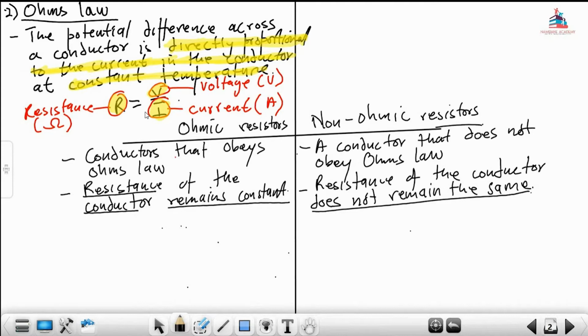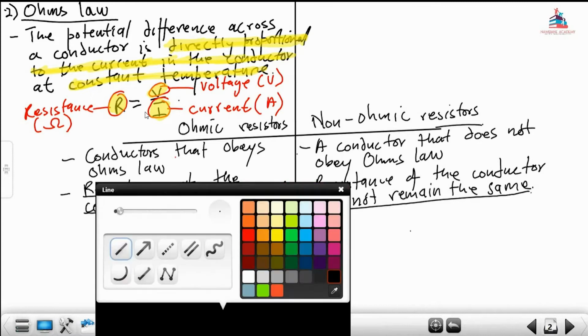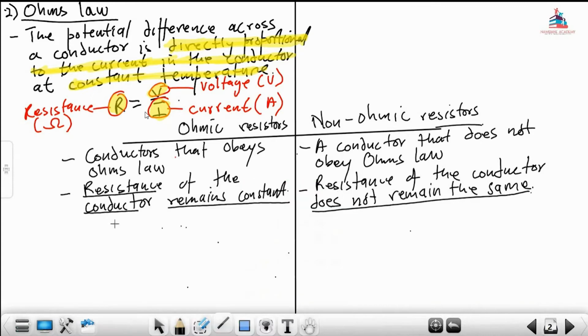This will differ in that as the current increases, your resistance also changes. Let's draw a graph.